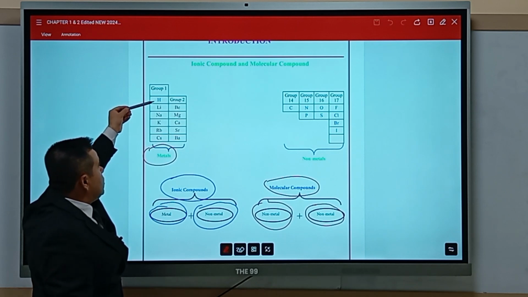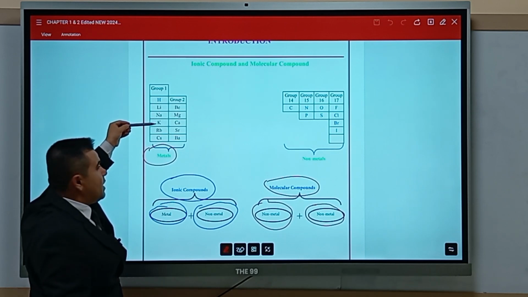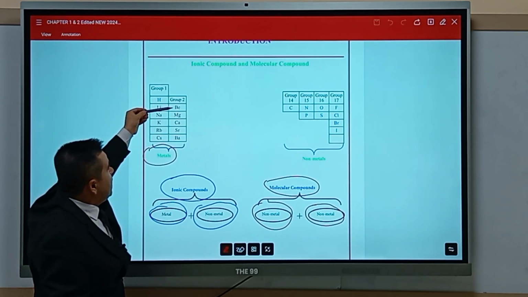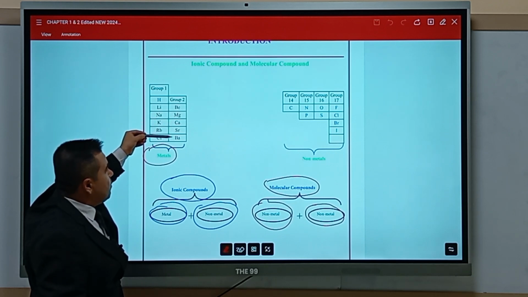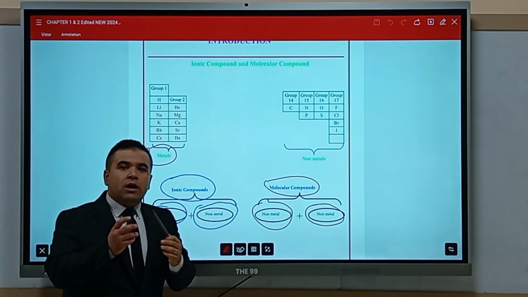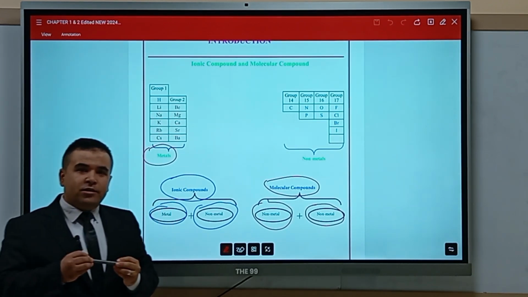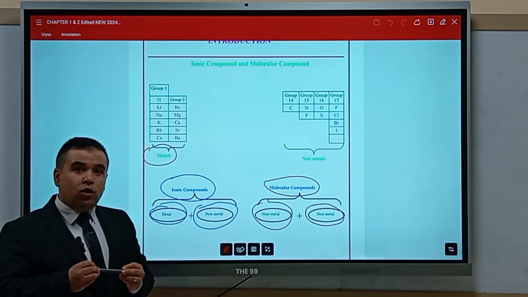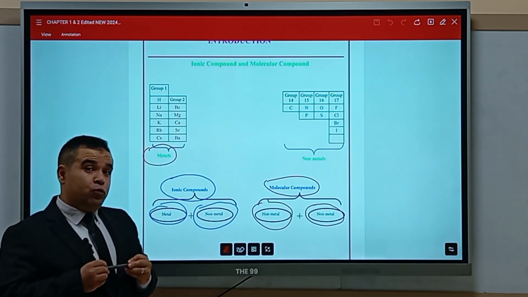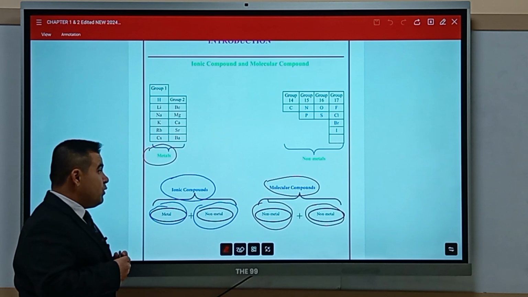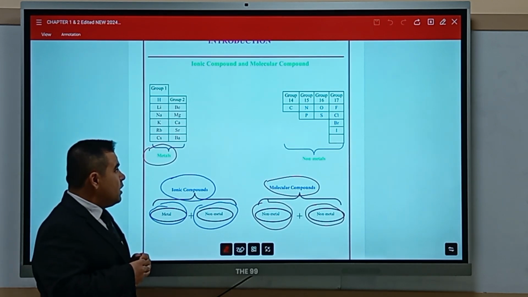So here we have hydrogen, lithium, sodium, potassium, rubidium, cesium, beryllium, magnesium, calcium, strontium, barium. These are all the elements which are metals and situated in the S block, group 1 and group 2. These are critical metals to be known.